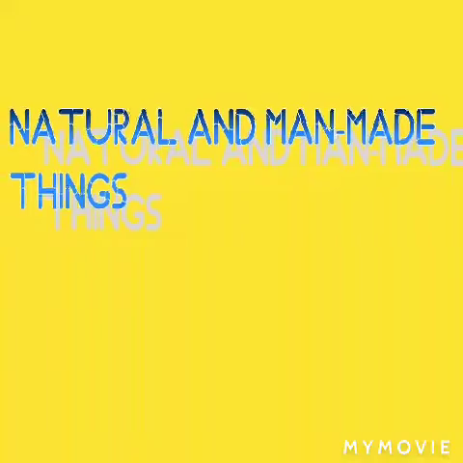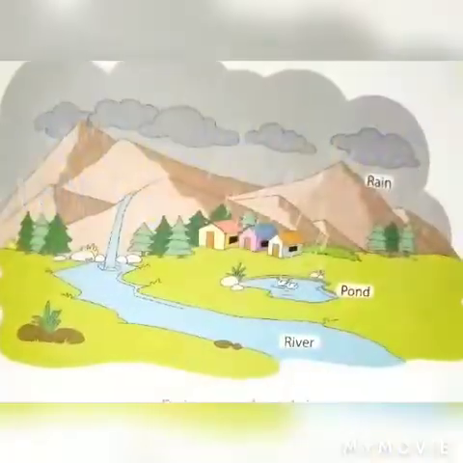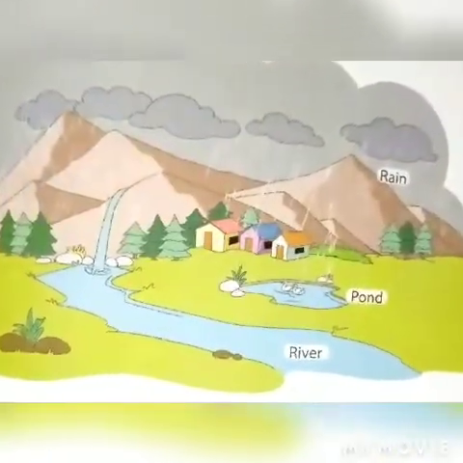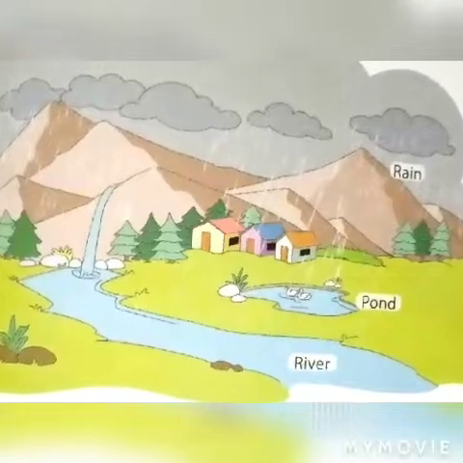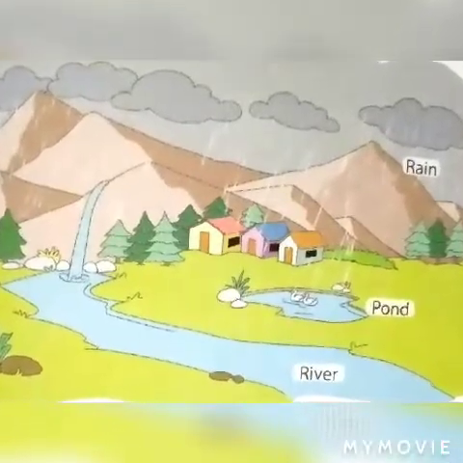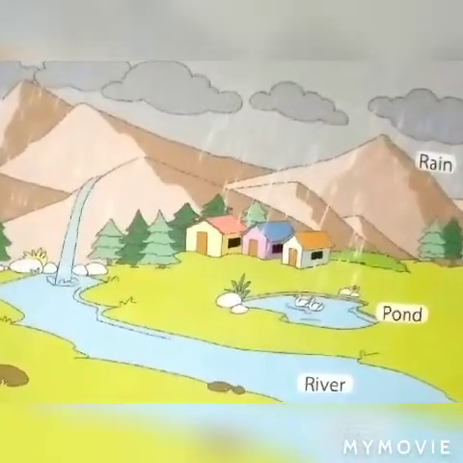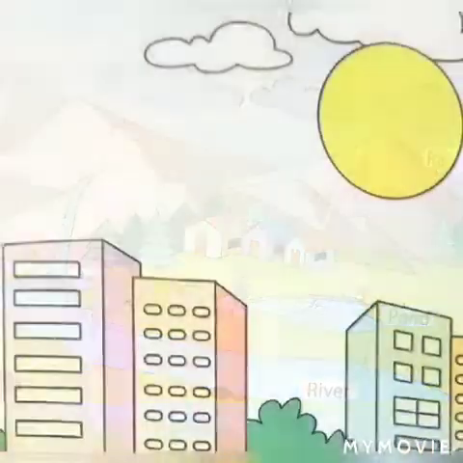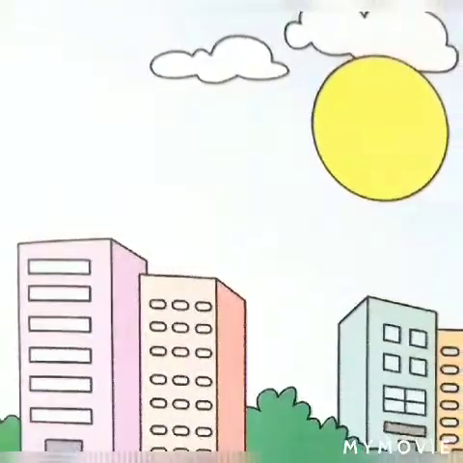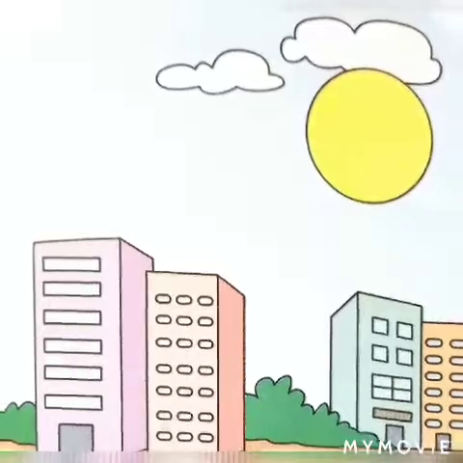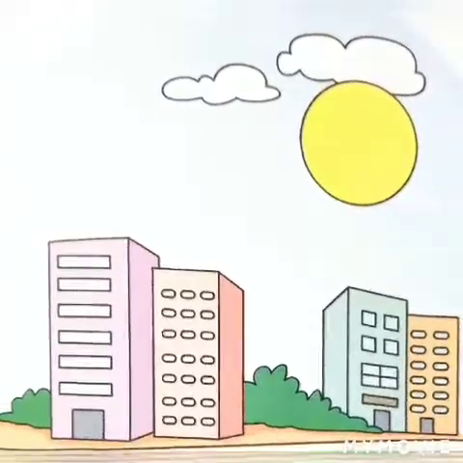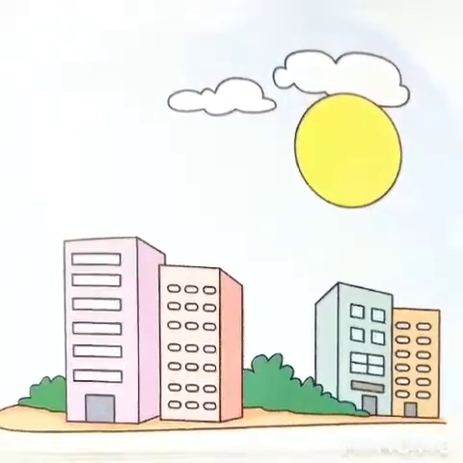From a small child or from a small sapling, a big tree grows. From a small child, we grow to a big man and then we grow old. So this is a continuous process. So number two is living things grow.